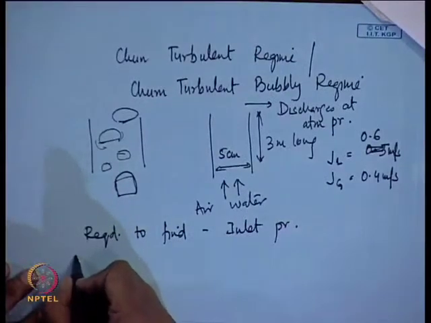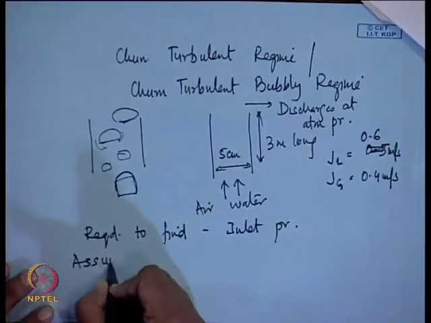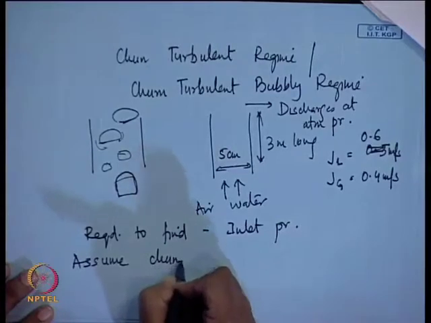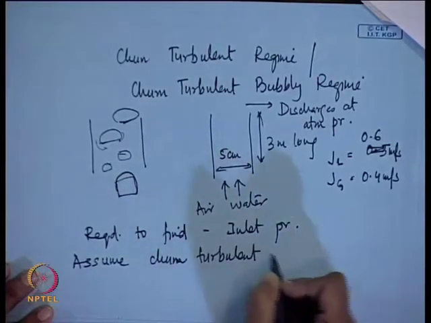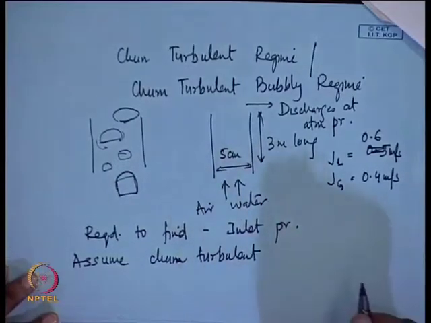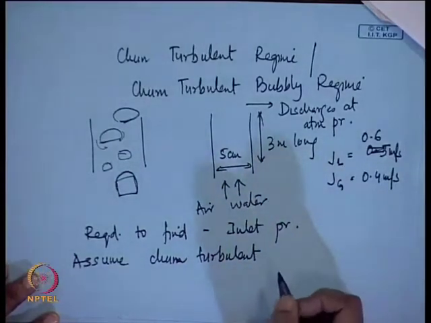First thing is, the moment it is written assume bubbly flow and nothing else is given, we straight away assume the churn turbulent flow regime. This is number one that we can do. Since nothing is specified, when you do not try to control the bubble size, they will be distributed in a wide range of sizes, and whenever there is a wide range of sizes, it will be a churn turbulent flow regime.